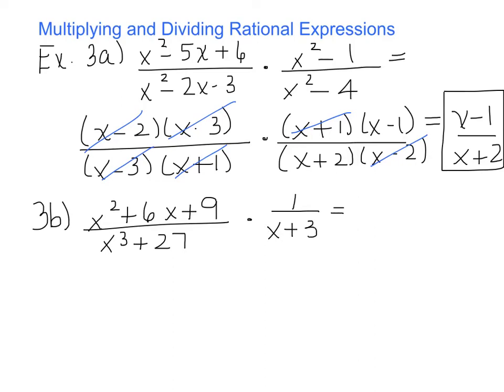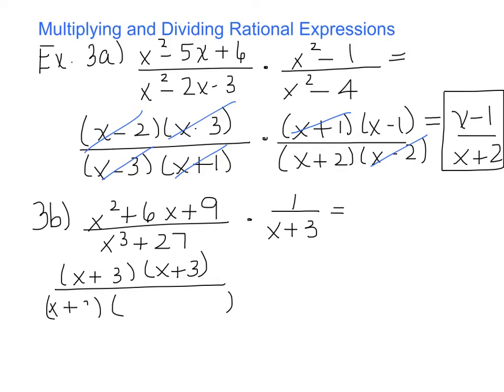Okay, my left side I'm going to factor the numerator. The denominator, that's a perfect cube, so I have to use SOPS. S-O-P-S: square the first term, opposite sign, product, square the last term.